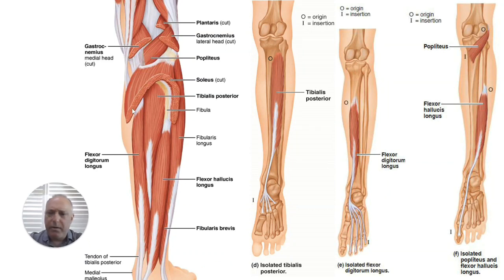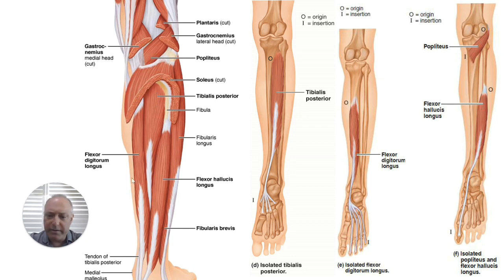Okay, so usually we would just see the gastrocnemius here. We've cut that away. Then we would see the soleus. We've cut that away. And so underneath, there is the popliteus in the popliteal space. Tibialis posterior, which is opposite of tibialis anterior.